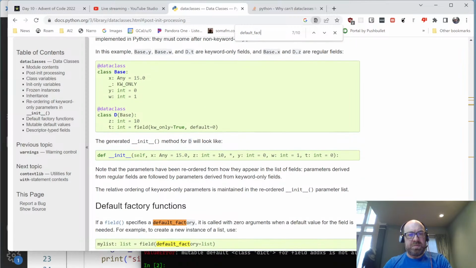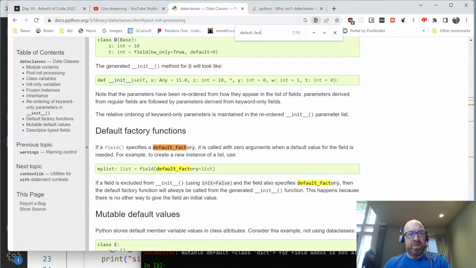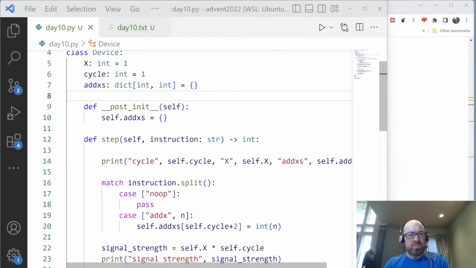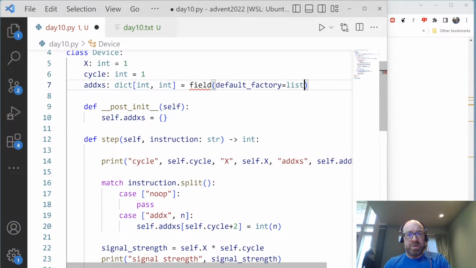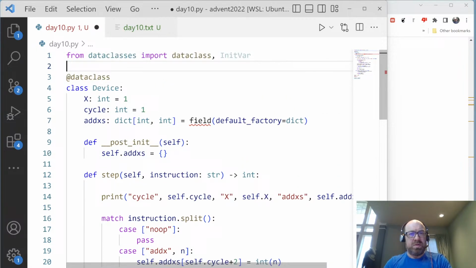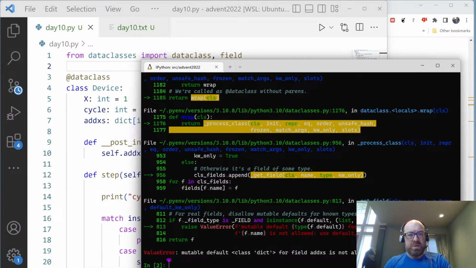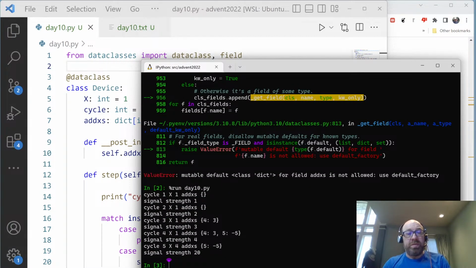If a field specifies a default factory, field equals field(default_factory=dict). Is that right? See if that works. Boy, you learn something every day. Okay.